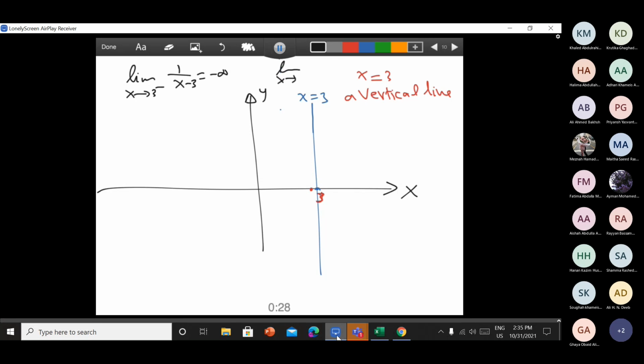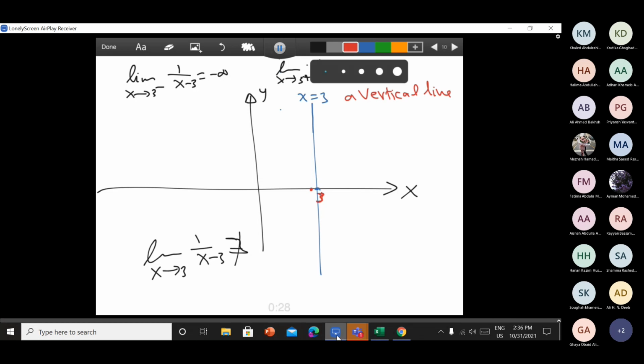And the limit when x tends to 3 from the right for 1 over x minus 3 is positive infinity, sorry. And I know the limit when x equal to 3 for 1 over x minus 3 does not exist, right? This does not exist, it means this function is not continuous at x equal to 3.